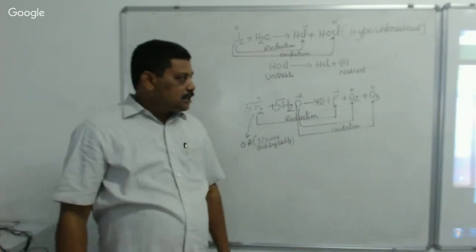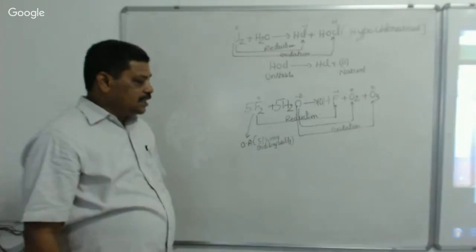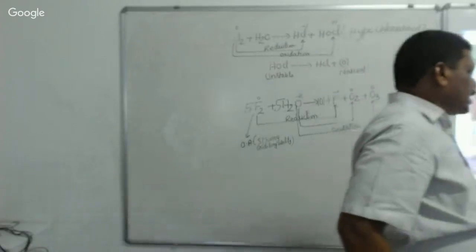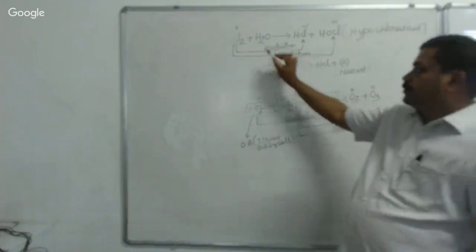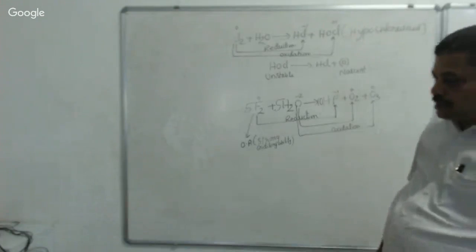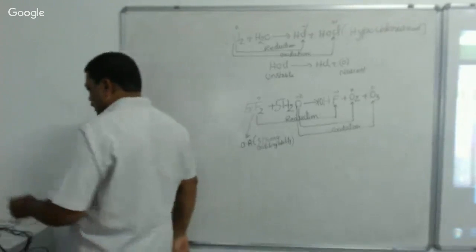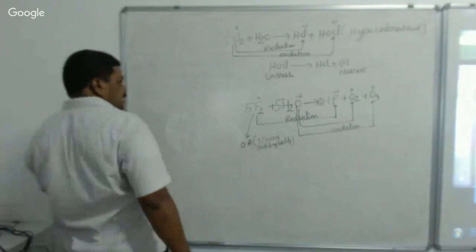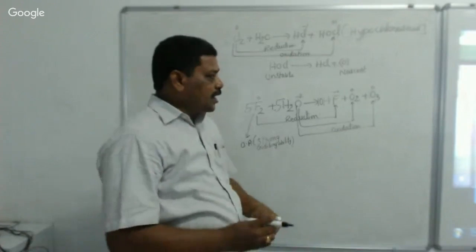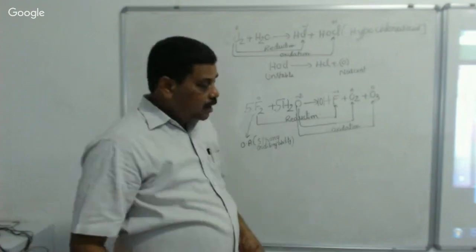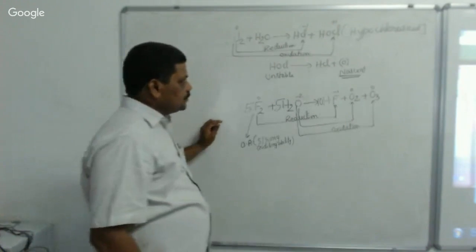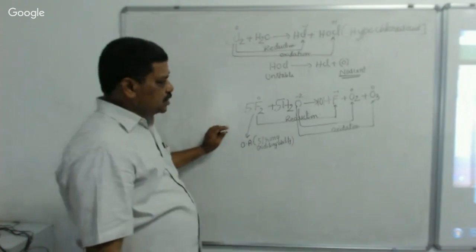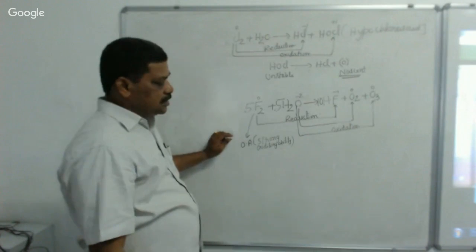Thus, chlorine in the presence of moisture acts as an oxidizing agent. How does it act as an oxidizing agent in the presence of water? It forms HCl and HOCl, and then HOCl gives out nascent oxygen. That's why chlorine in the presence of moisture acts as an oxidizing agent.